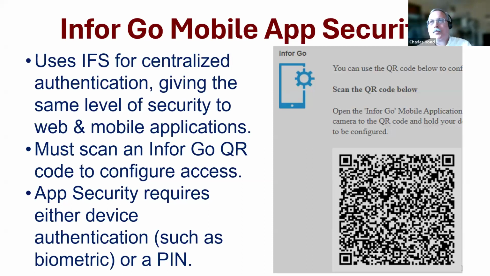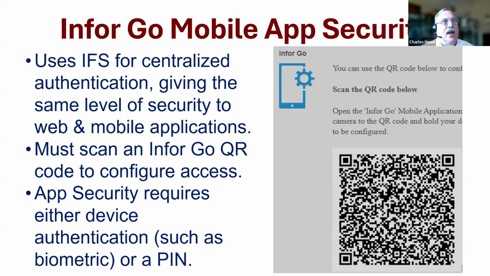I'm sure there's a sample of that QR code there in the lower right, and that gets you authenticated on the ION API gateway. So you have to do that to even get into the mobile device, which means you have to have logged in to the web version in the first place.